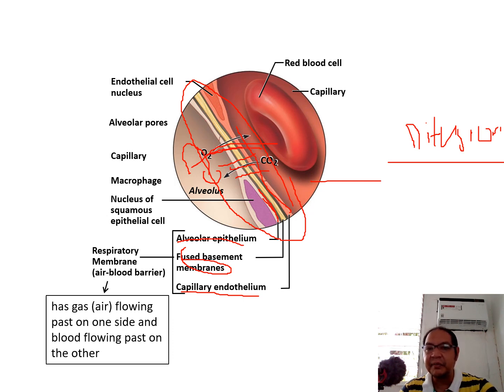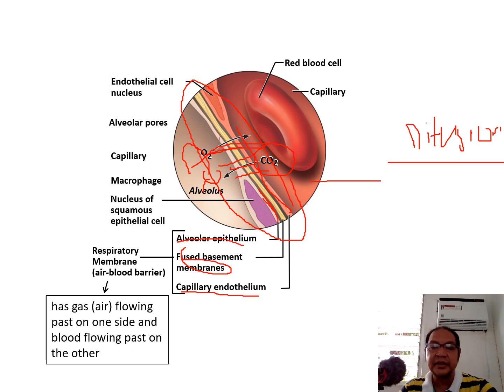When the blood returns to the lungs, it is full of carbon dioxide. Here in the alveoli, there is lesser carbon dioxide. So who has the higher concentration, the blood or the alveoli, with carbon dioxide?